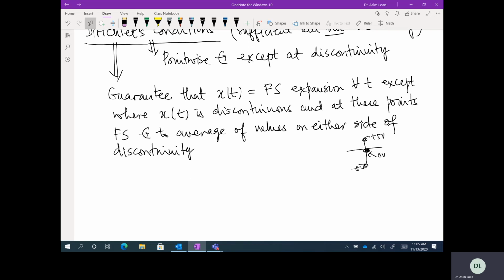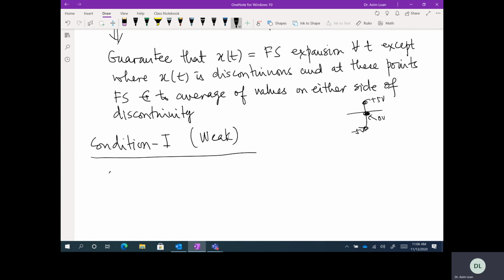So there are three Dirichlet's conditions. Condition 1 is a weak condition; the other two are strong conditions. Condition 1 says over any period, x of t must be absolutely integrable.